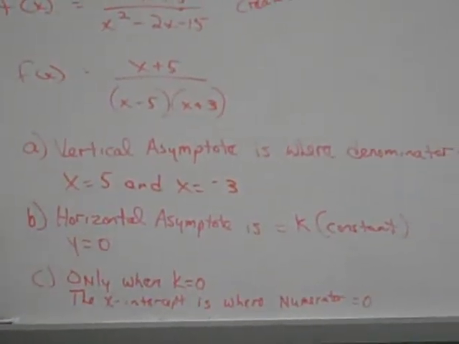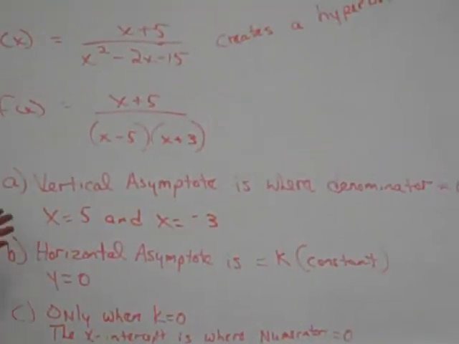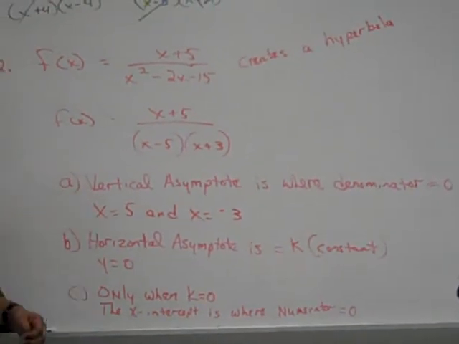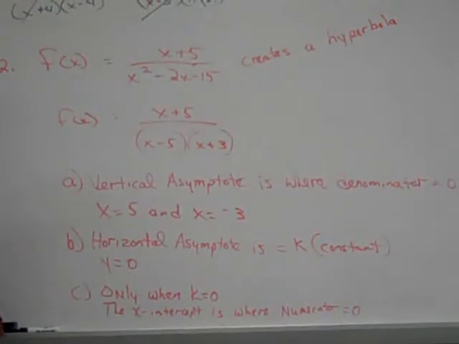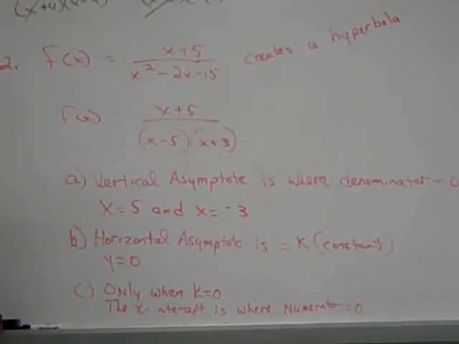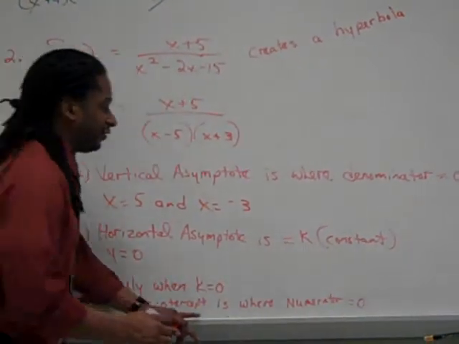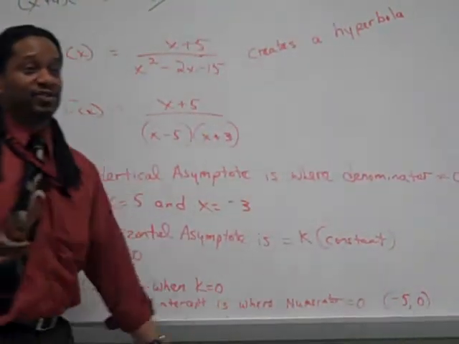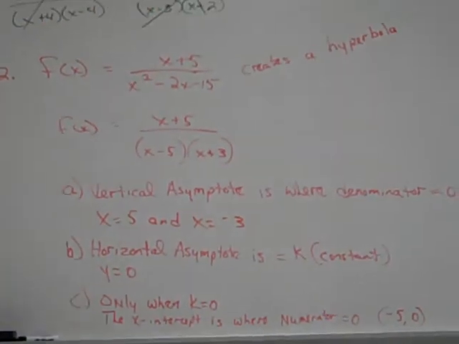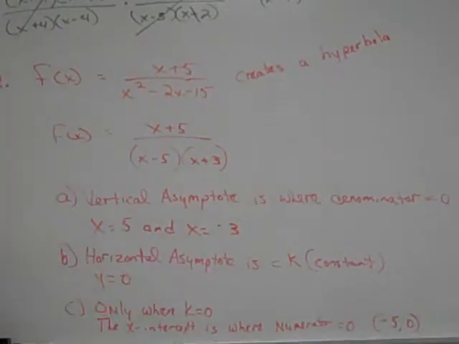So if I have an x-intercept, how do I write that point? It's an x-intercept, so it's -5. How would I write the point for the x-intercept at -5? Oh, you said how you write the point, so it's -5, 0. Thank you, sir. Very good, Mr. Watson. Very good. -5, 0 is my x-intercept.